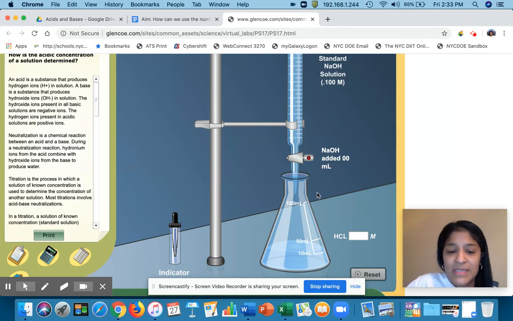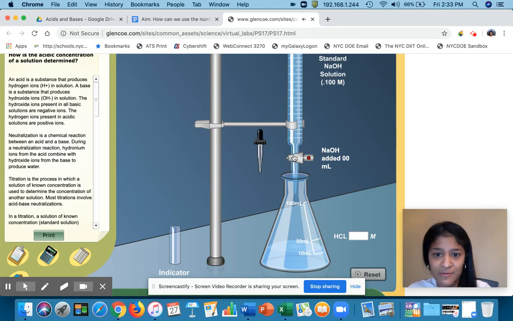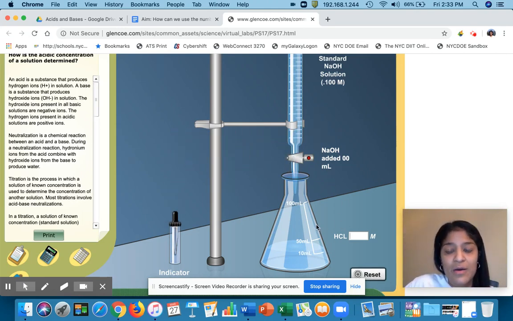And we're going to add an indicator, which is phenolphthalein. That indicator is going to allow the reaction to turn pink when the number of moles of acid is equal to the number of moles of base. This will turn pink.